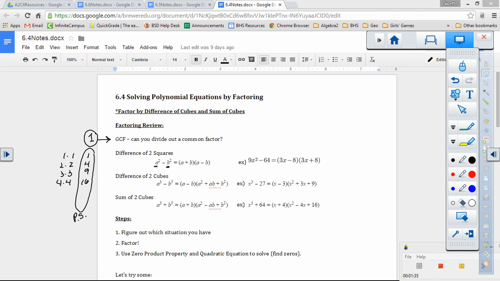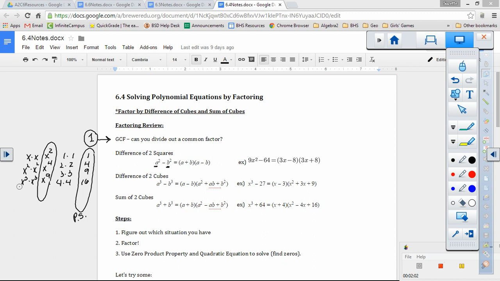And you could do those all the way up to 12 if you wanted to, and then you would have them. Don't forget that that also goes with variables. x times x is x squared, or x squared times x squared would be x to the 4th, right? And then x to the 3rd times x to the 3rd gives me x to the 9th. So these are all perfect squares when you're dealing with variables, okay?